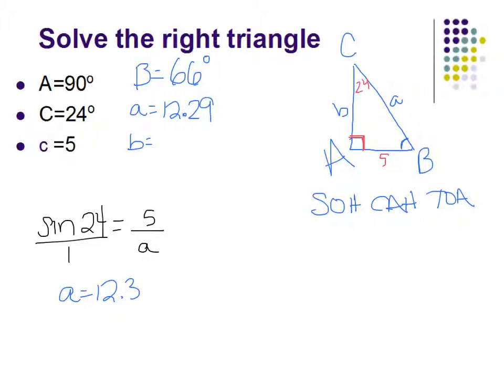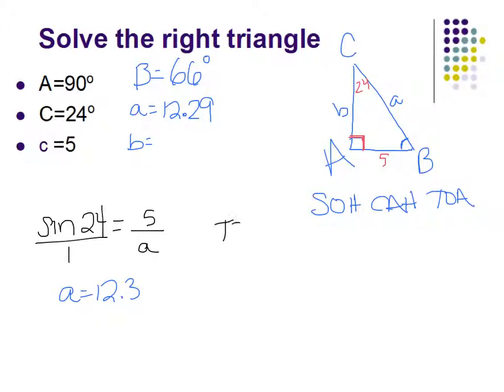Okay, then I'm going to go find my other side. My other side is B, so I'm still going to stick with what I was given. So I'm still going to stay with angle C and the side opposite, but this time I'm looking for little b, and that's the adjacent side. So opposite and adjacent is tangent. So let's set this up.